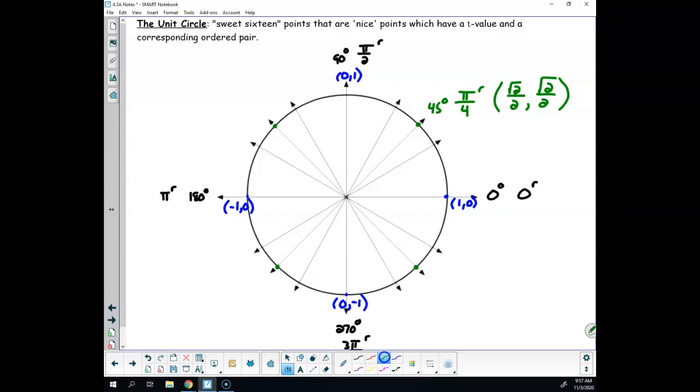Now, I can go over here, and over here it's 135 degrees, or 3 pi over 4 radians. And the points are going to stay the square root of 2 over 2 and the square root of 2 over 2, but the x value, because now I'm in quadrant number 2, the x value is going to be negative.